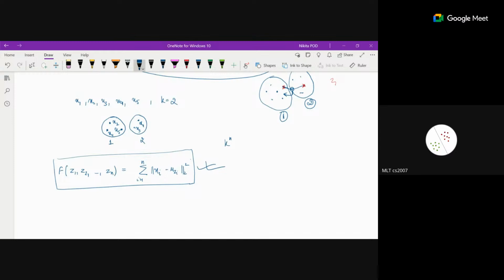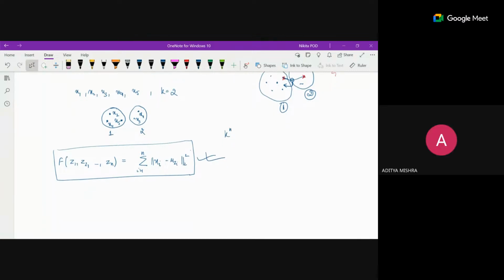It may not be. It may not give you the global minimum that we were looking for, but it gives a reasonable solution to our problem. Yeah, it may give a local minimum. It means there could be another type of clustering which may be optimal.